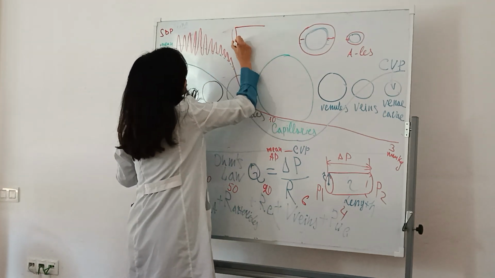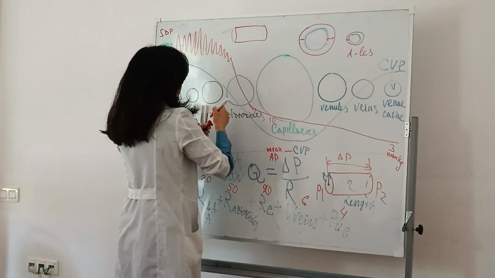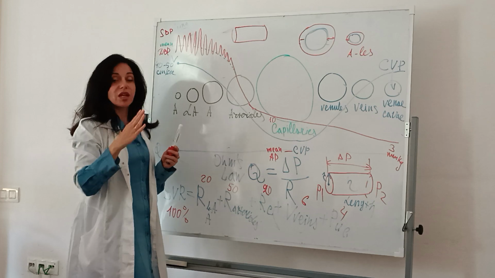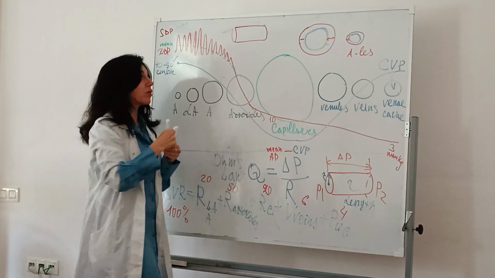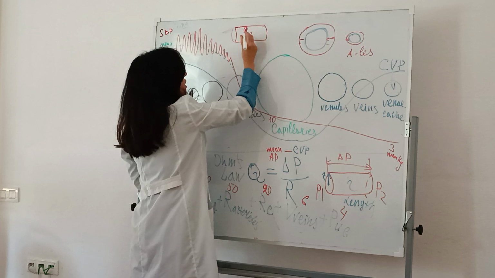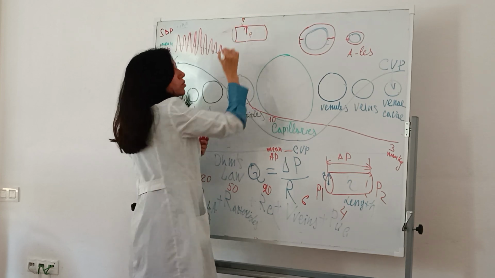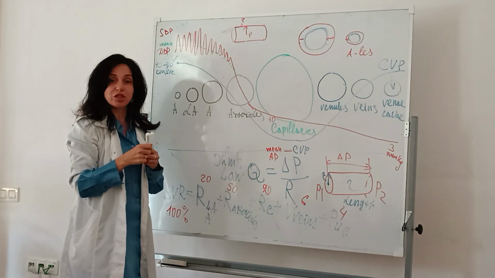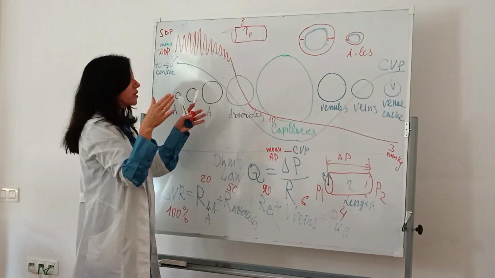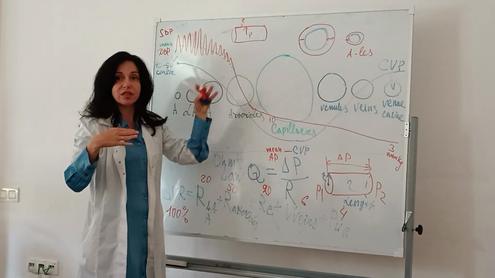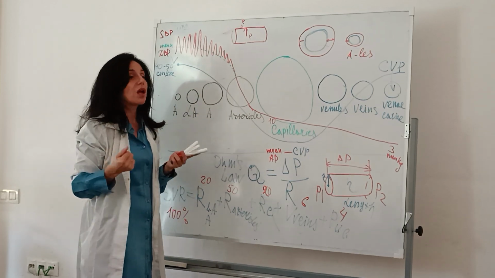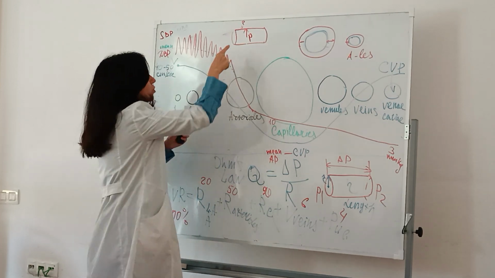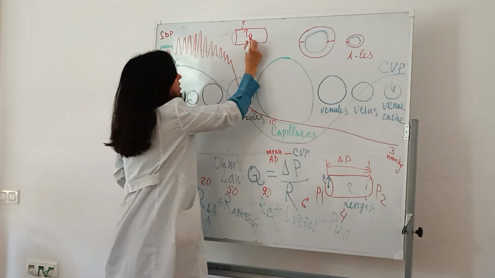I will explain compliance. A blood vessel is a tube with pressure on the lateral side from inside by blood pressure, and outside, smaller pressure due to interstitial fluid. It's called transmural pressure. This is the difference between pressure inside and outside. Inside is usually more. What happens if you increase blood pressure inside?